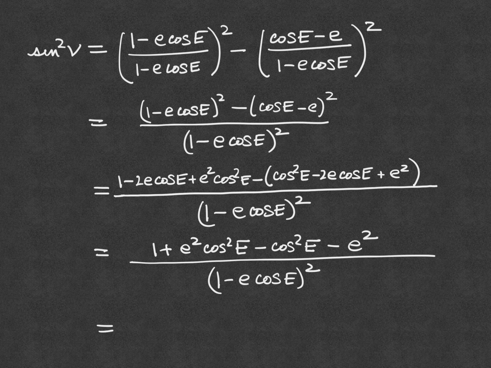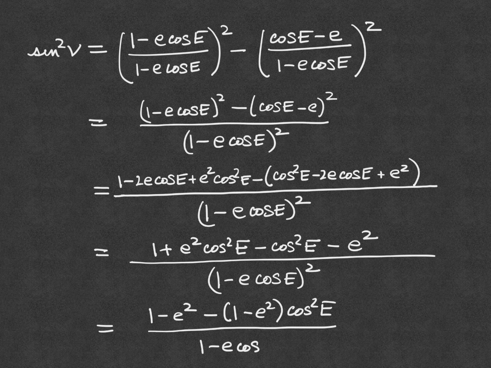Which then leaves me with, now you'll see that there are terms here that don't involve cosine squared, and there are terms that do involve cosine squared. The terms that don't involve cosine squared just leave me with a 1 minus e squared. The terms that do involve the cosine squared, I can factor out the cosine squared, and I can also factor out the negative sign, and I get minus (1 minus e squared) cosine squared E, all divided by (1 minus little e cosine E) squared.